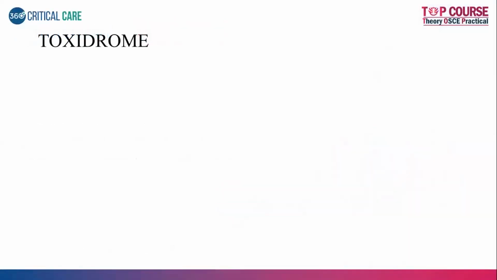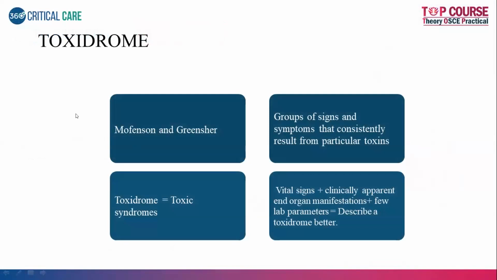So what is toxidrome? Basically, toxidrome is a combination of two important words: toxic and syndrome. So toxic syndrome together is known as toxidrome. This word was first coined by Mofenson and Greensher. So what is toxidrome? It is a group of signs and symptoms which consistently result from a particular toxin.